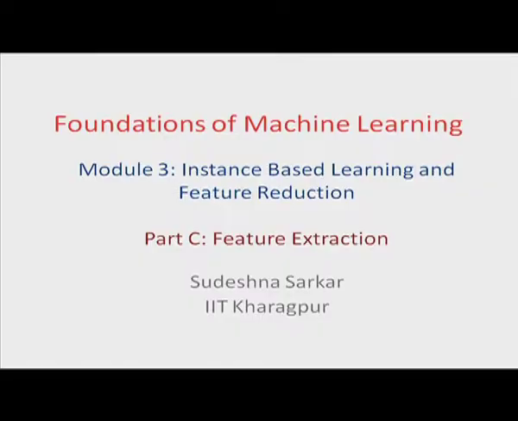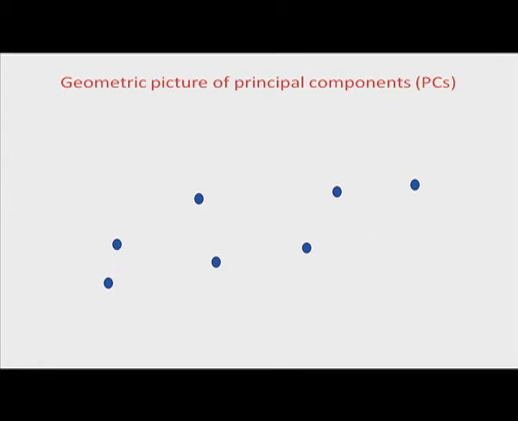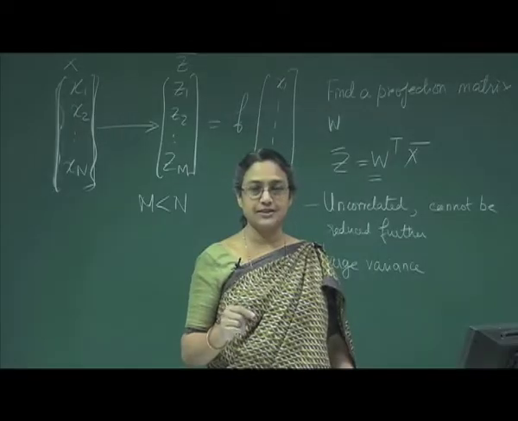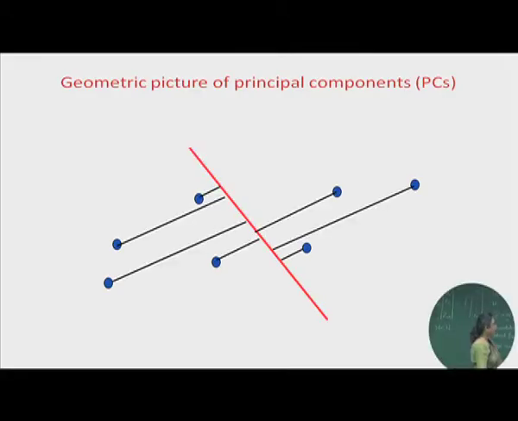Now let us look at the slides. So suppose you have the following instances, and they are in a two-dimensional feature space. There are two features x1 and x2, and in that space you have these instances. Now you have a choice: suppose you want to map this two-dimensional feature space into a one-dimensional feature space, you have to select an axis.